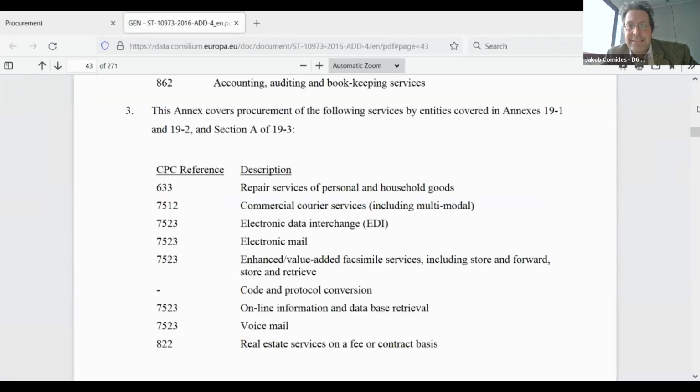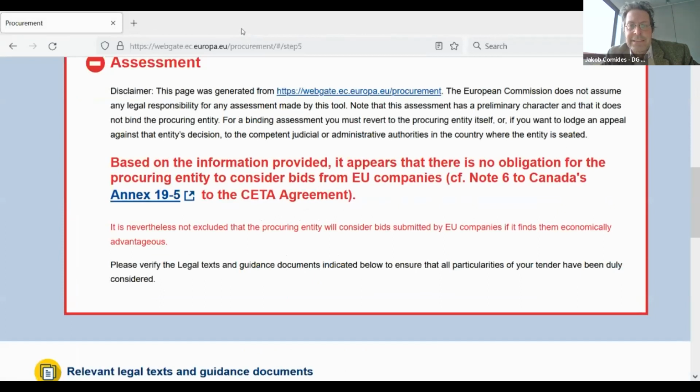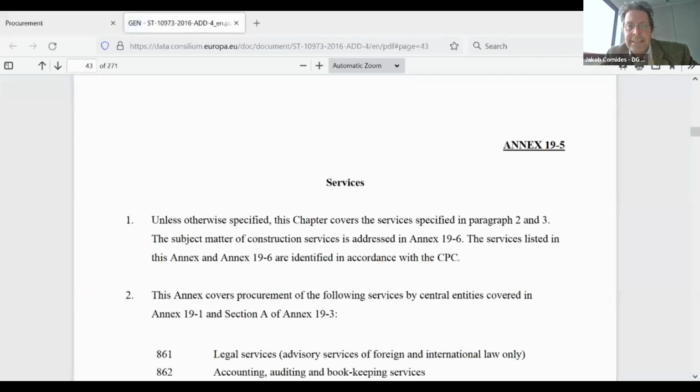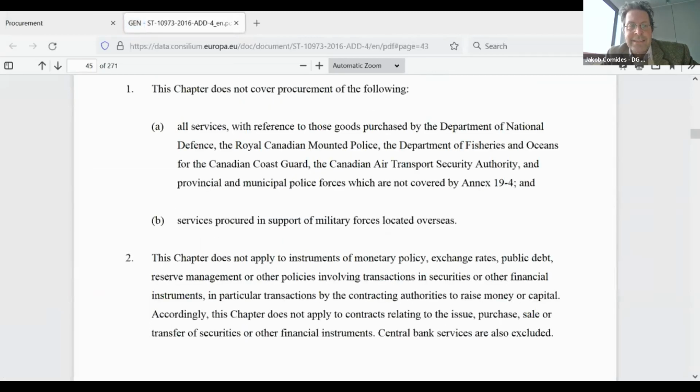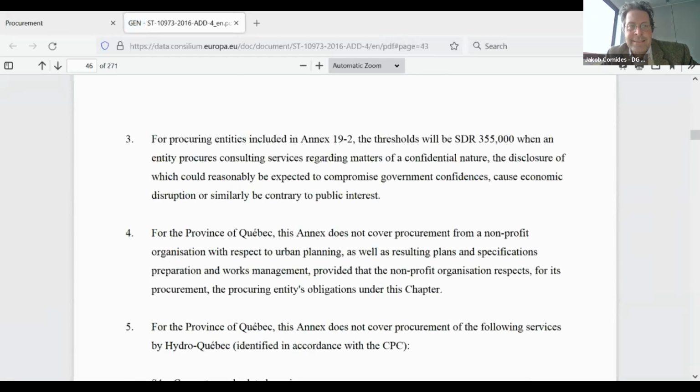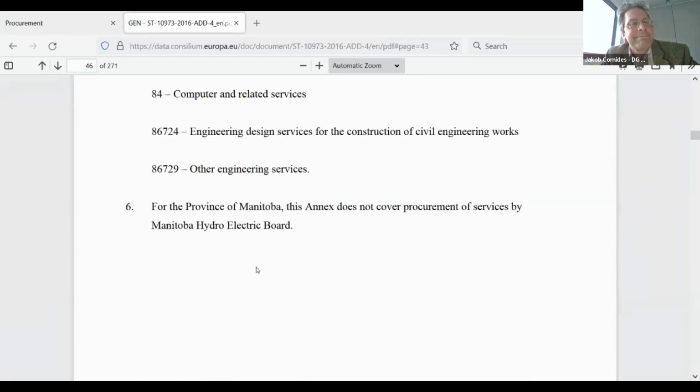Wait a moment. Note 6 to Annex 19.5. What does it say? You scroll down and it says, oh, it's specific to Manitoba Hydroelectric Board. If they procure services, it's not covered.